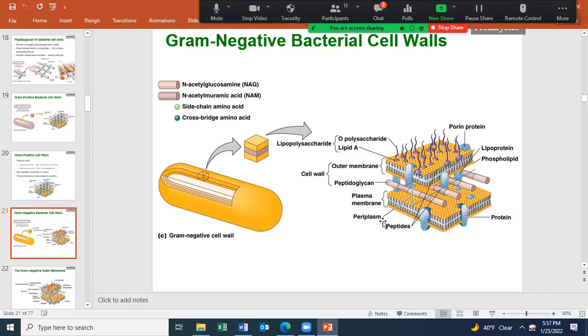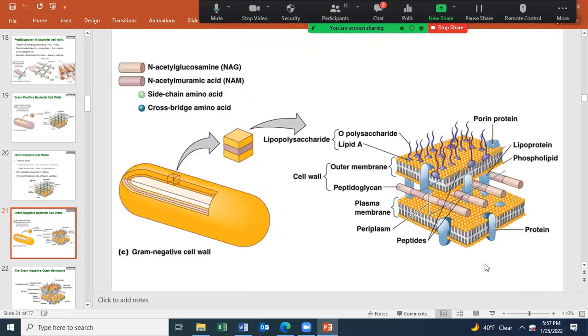When we look at this in greater detail, there's the lipid bilayer of the cell membrane. And then there's the peptidoglycan layer. Now this is showing you only one layer of peptidoglycan. In reality, there are many layers of peptidoglycan, but it is fewer than the layers in a gram-positive cell.